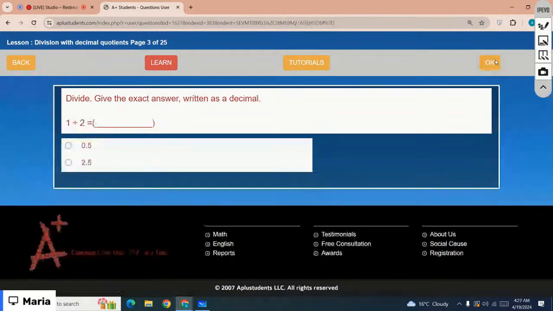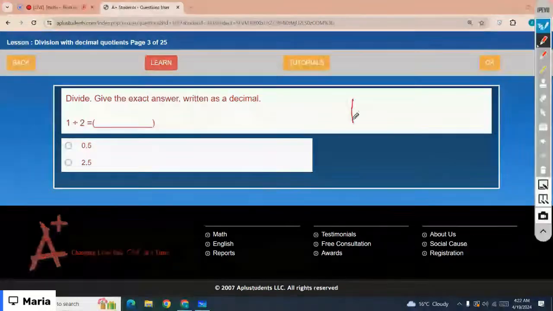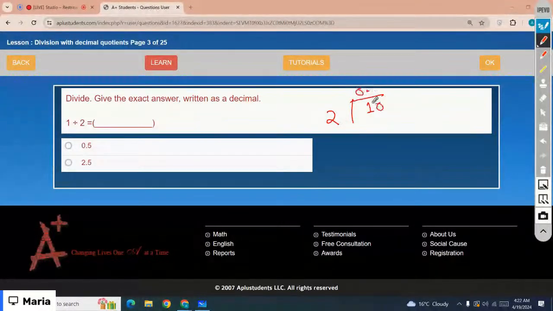Okay, divide 1 by 2. How do we divide? 1 is less than 2. You cannot divide, right? You need to put a decimal point over here and 0 over here.